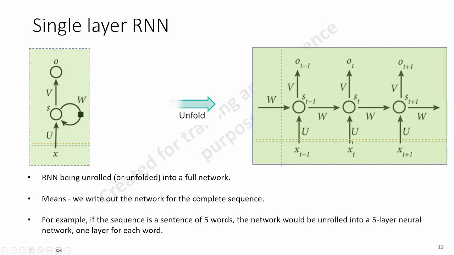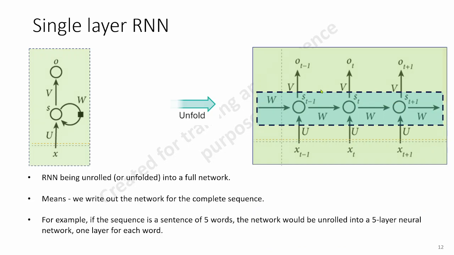And each of these cells will be carrying out almost similar activities like input and the processing. The processing here is dependent on the input plus the previous or preceding input. Similarly, when it goes to the next time step, it takes the current input and the output of the previous processing, and so on and so forth. So this is called single layer RNN.